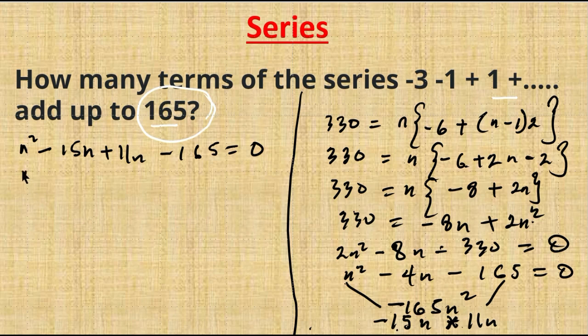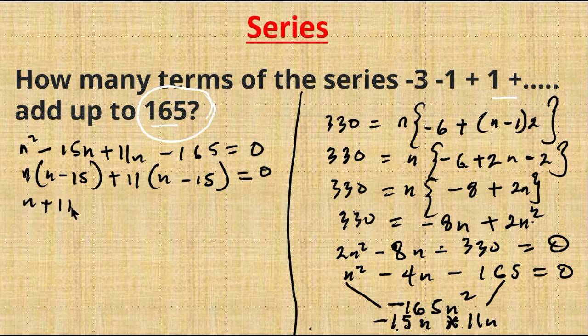Now, so that n into n minus 15 plus 11 into n minus 15 is equal to 0. So that n plus 11 into n minus 15 is equal to 0.